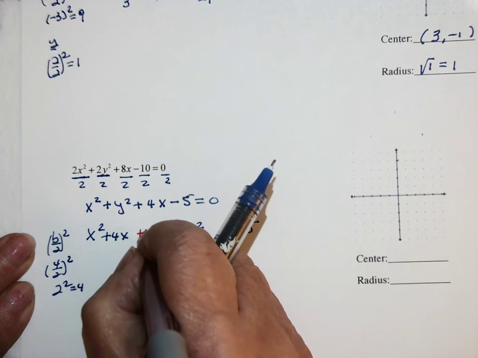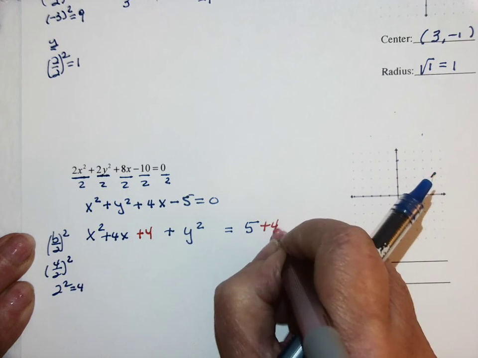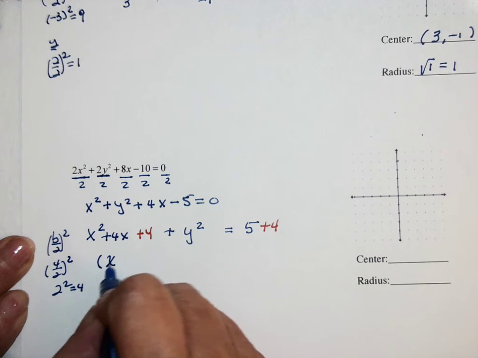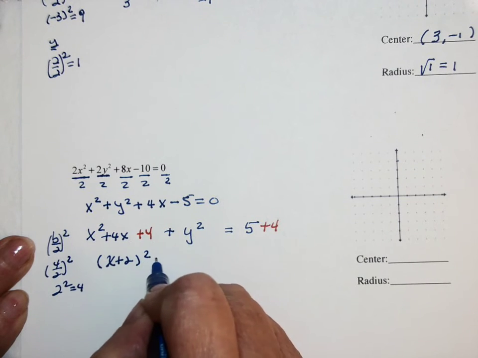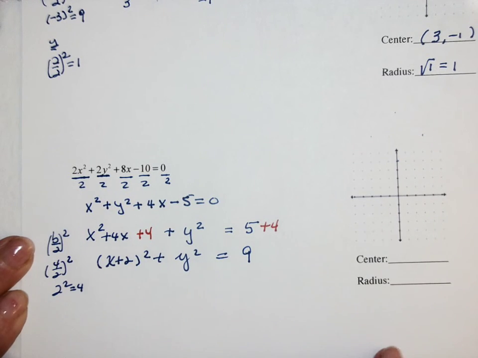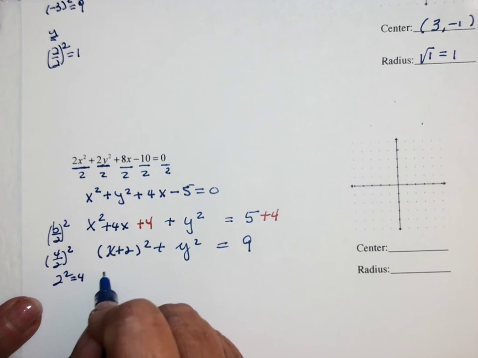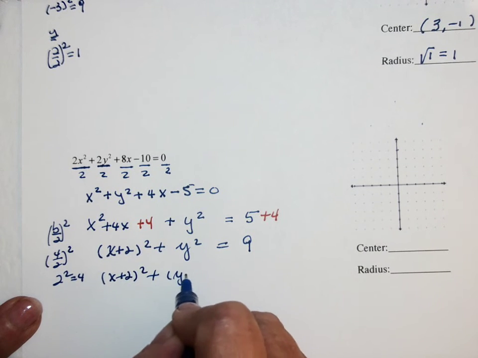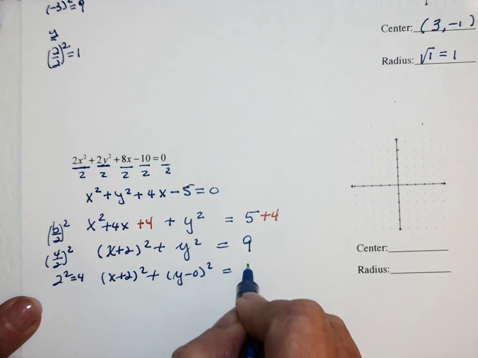So I add 4 to both sides. So this becomes (x plus 2) squared plus y squared equals 9, or (x plus 2) squared plus (y minus 0) squared equals 9.